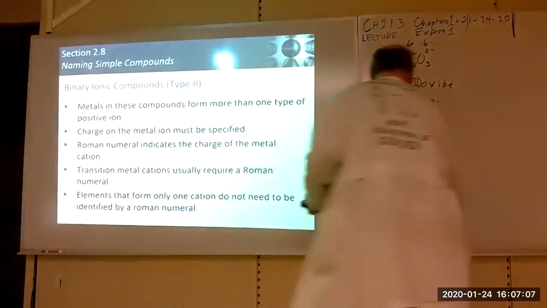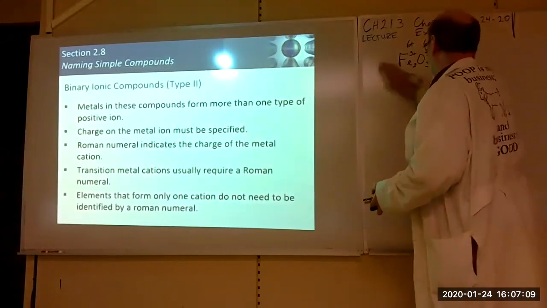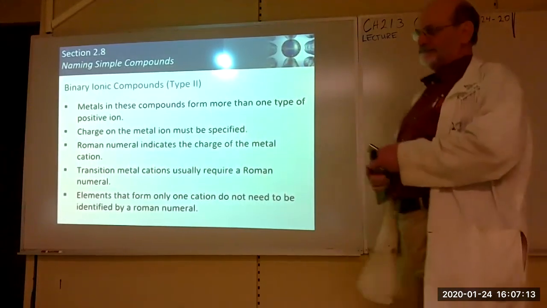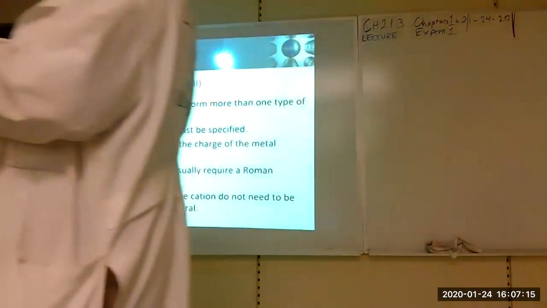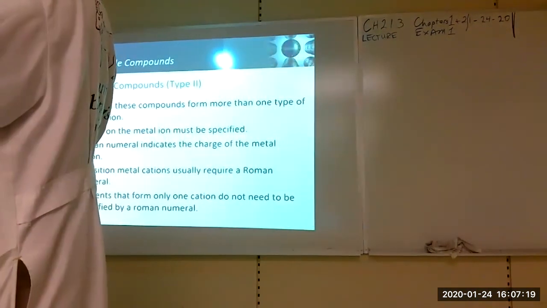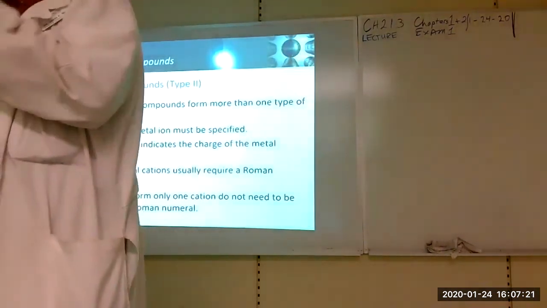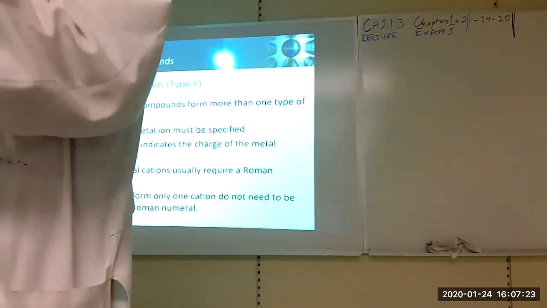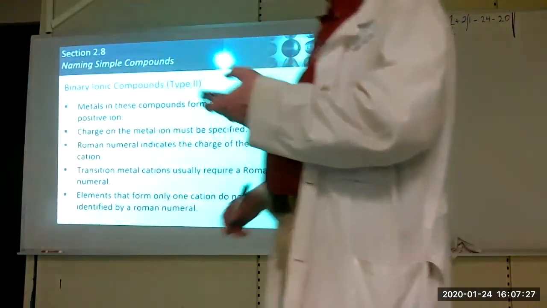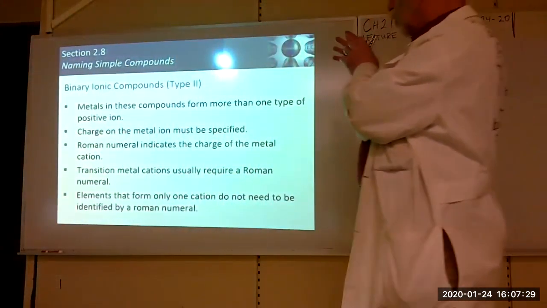Okay. Now, when you start looking at your periodic table, you're going to find that there are just a handful of elements in here that only have 1 charge. Silver's one of them. So technically, you could use silver in the type 1 format.